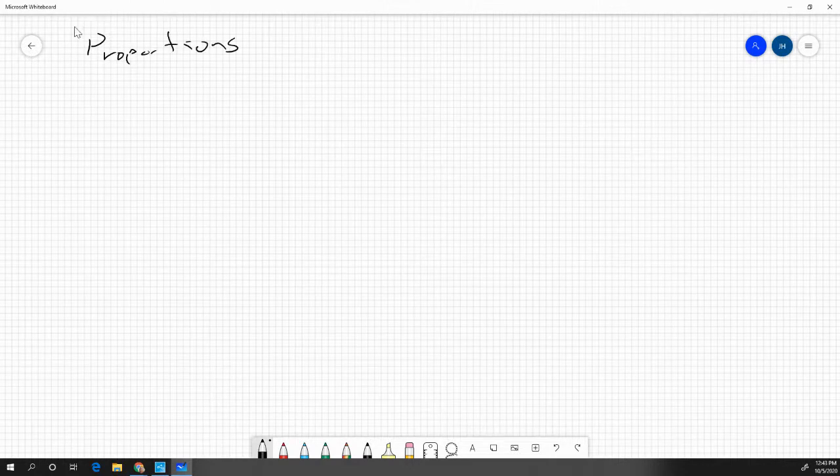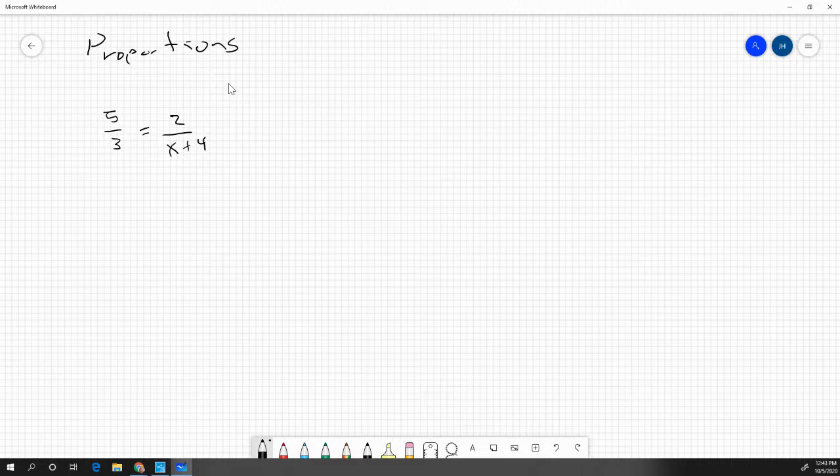If I have, say, 5 over 3 equals 2 over x plus 4, right? I'm just going to disable the buttons on my pen. If I have something like this, I can do what's called cross multiplying, right?